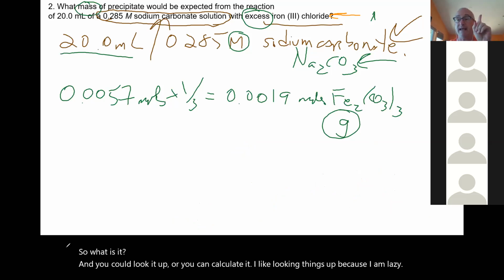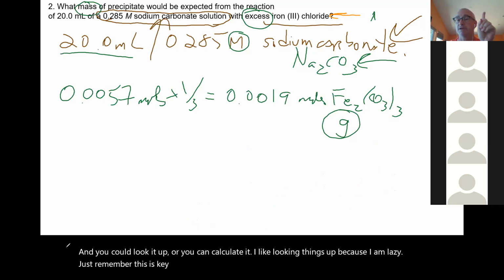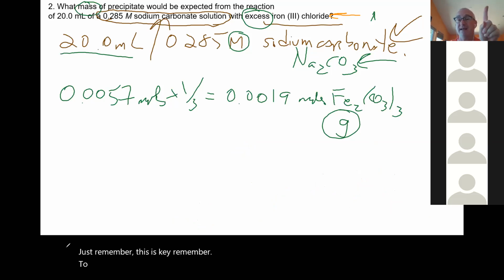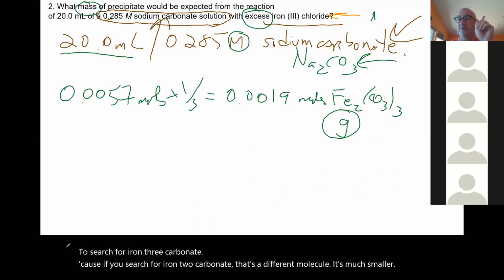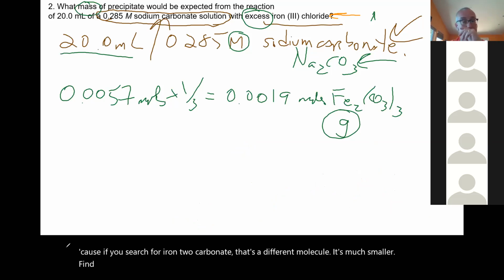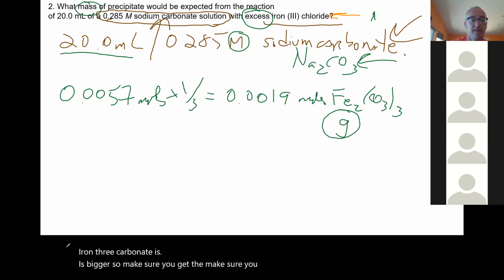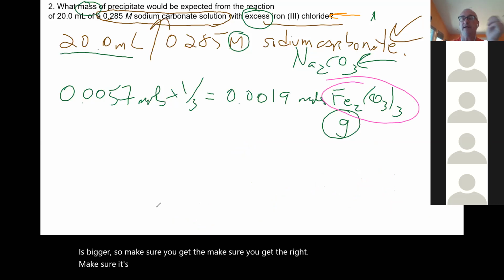Just remember, and this is key, remember to search for iron 3 carbonate. Because if you search for iron 2 carbonate, that's a different molecule. It's much smaller. Iron 3 carbonate is bigger. So make sure it's Fe2(CO3)3. So what's the molar mass?